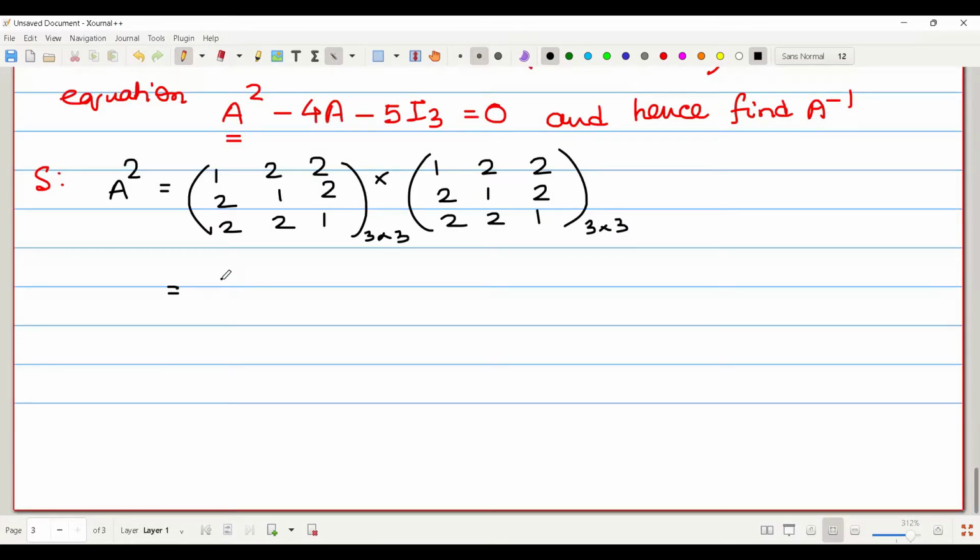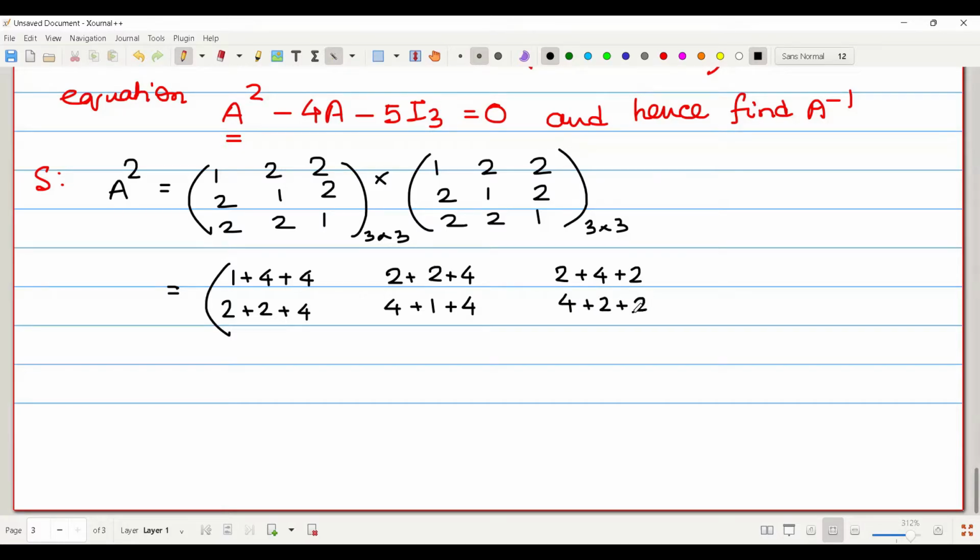So the result is here 1 plus 4 plus 4, 2 plus 2 plus 4, 2 plus 4 plus 2, 2 plus 2 plus 4, 4 plus 1 plus 4, 4 plus 2 plus 2, and 2 plus 4 plus 2, 4 plus 2 plus 2, and 4 plus 4 plus 1.